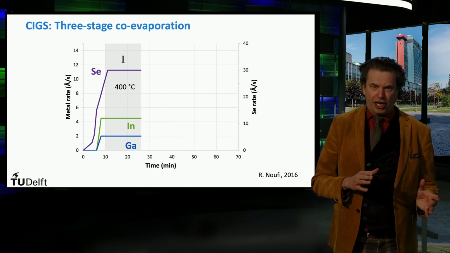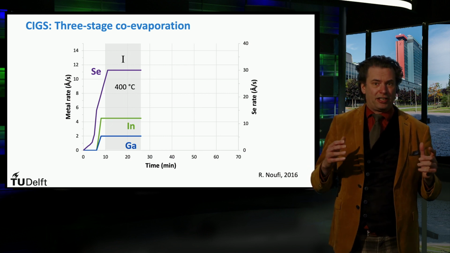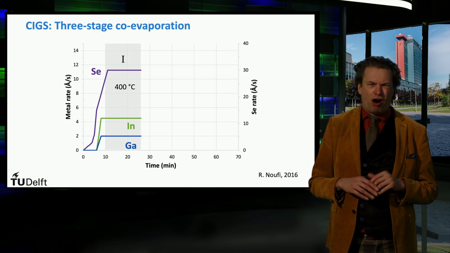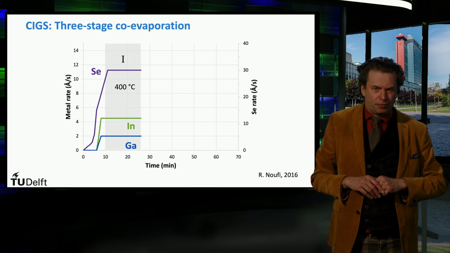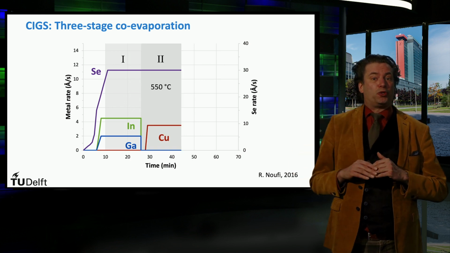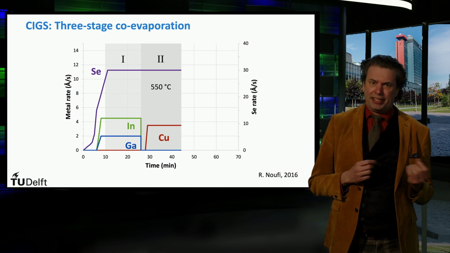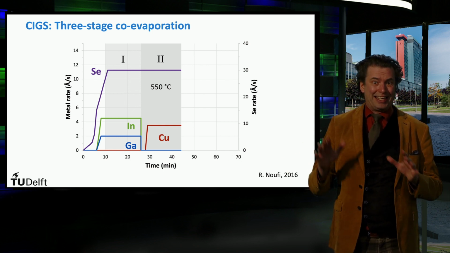In the first stage, a layer of indium, gallium and selenium is evaporated in the required ratios at a temperature of approximately 400 degrees Celsius. In the second stage, the temperature is ramped up to about 550 degrees Celsius, while both the indium and gallium evaporation is stopped and the copper rate is increased.